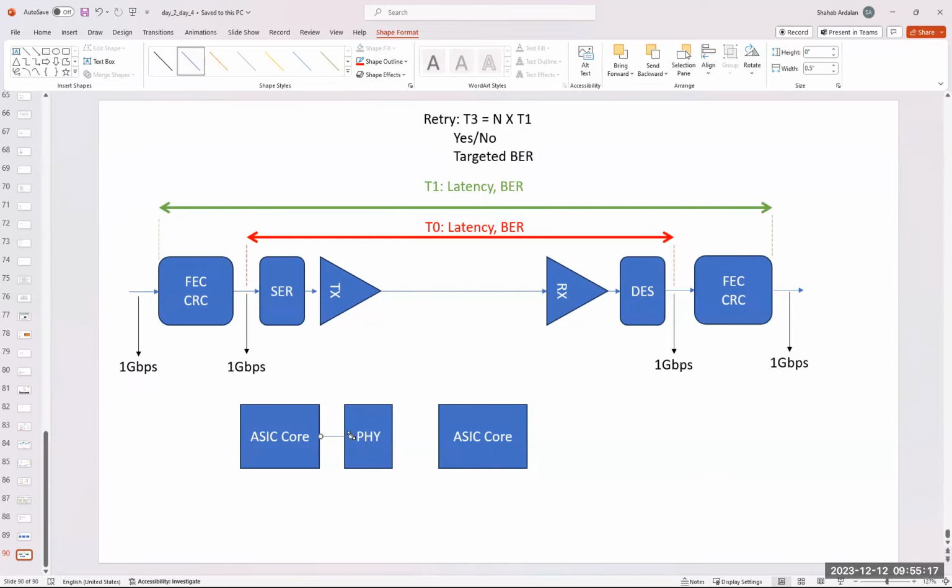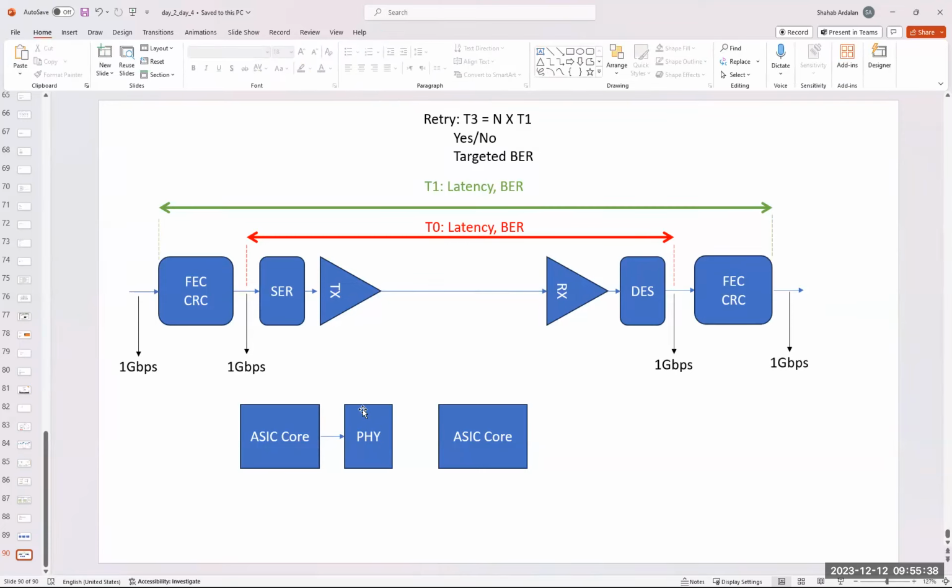I don't believe people go more than 2 gig, at the most 1 gig, maybe the majority at 500 MHz, because of place and route on the ASIC core. The speed that they can feed out of the ASIC core is around 1 gig or 2 gig at the most right now. And that's the responsibility of the PHY.